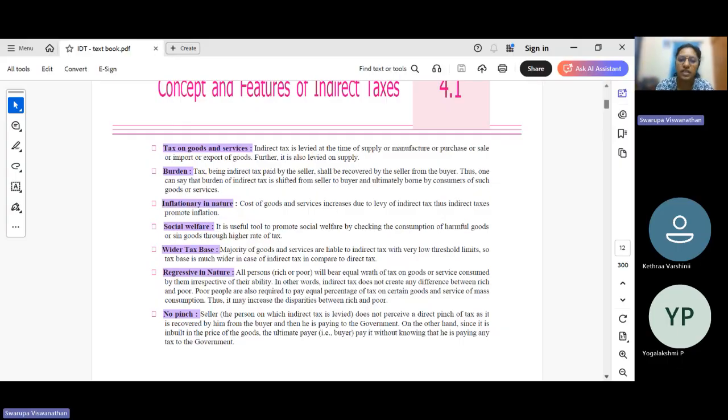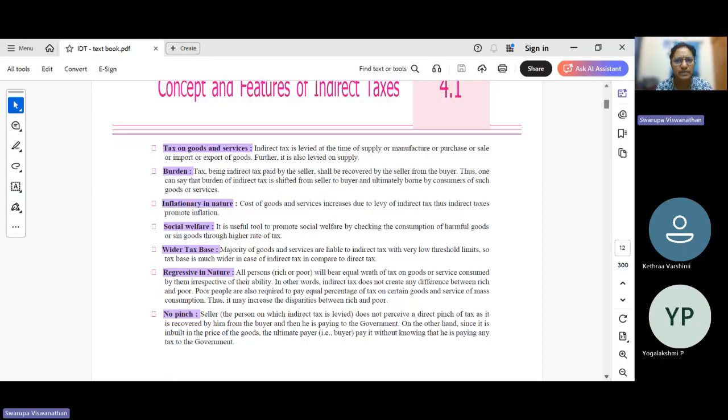It is inflationary in nature because when you levy taxes on goods and services, the price of goods and services increases, which can lead to inflation. It is an important tool to promote social welfare, to reduce the imbalances in the society, because luxurious goods will have a higher tax rate and the essential goods will have a lower tax rate.